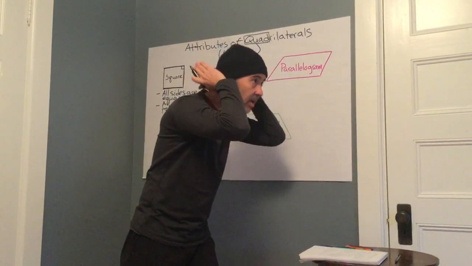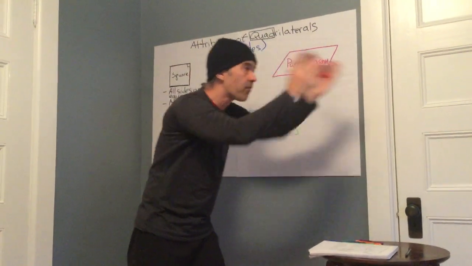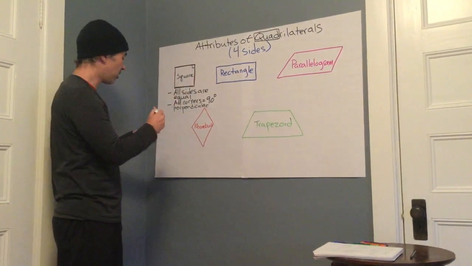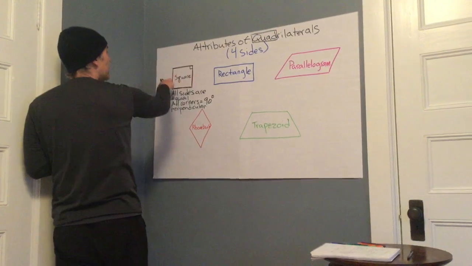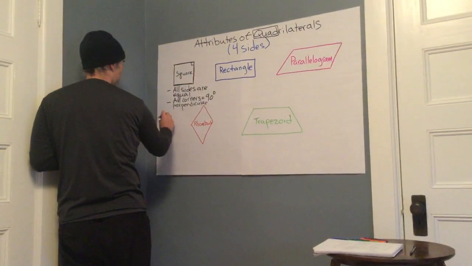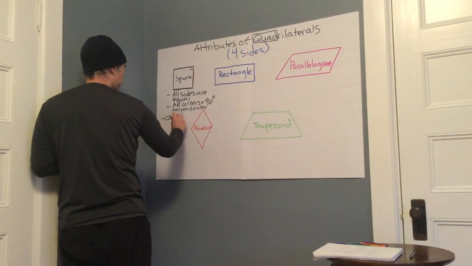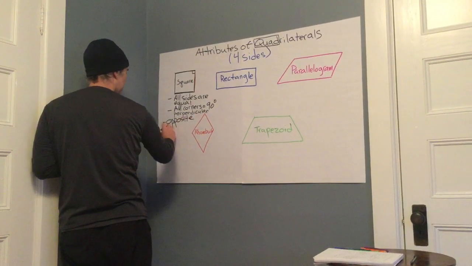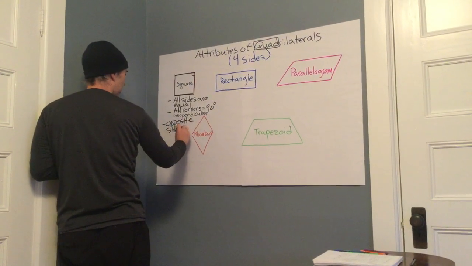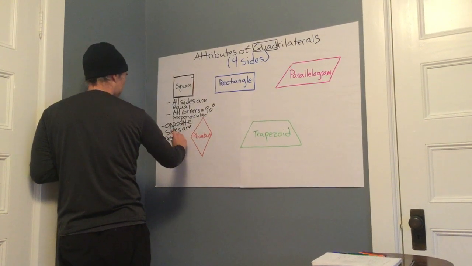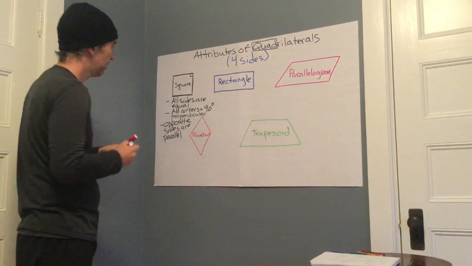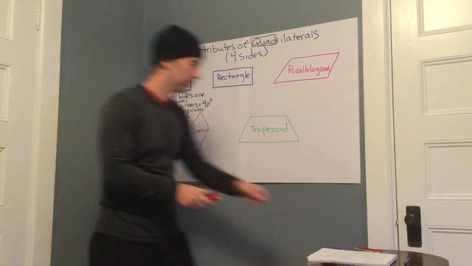They travel in the same direction forever. So we can also say that a square has opposite sides that are parallel. I'm going to write that as well. Opposite sides are parallel.